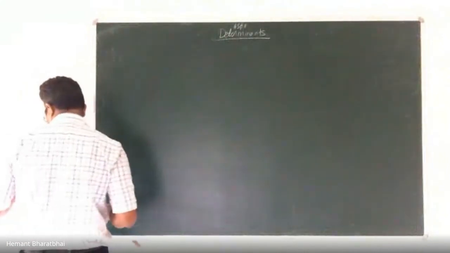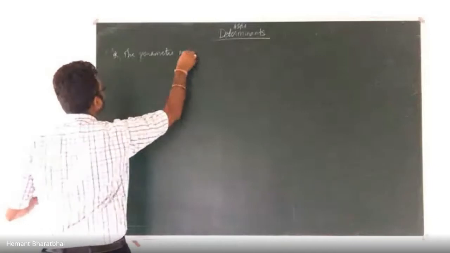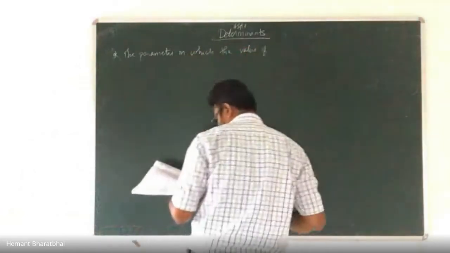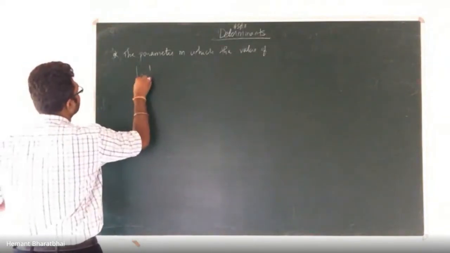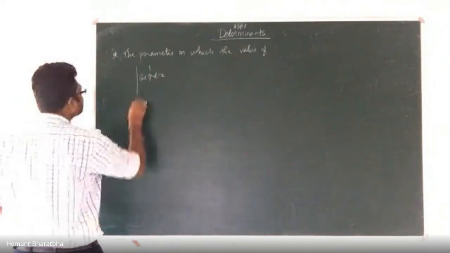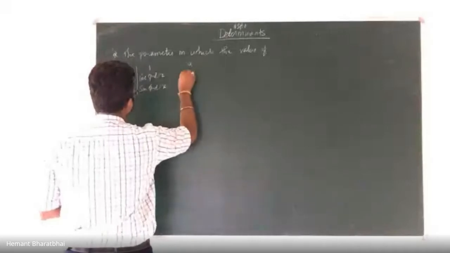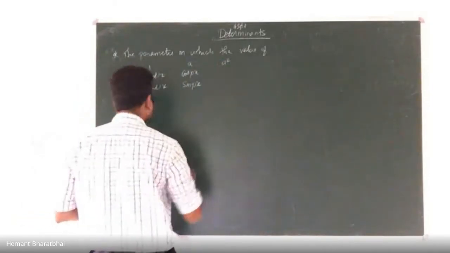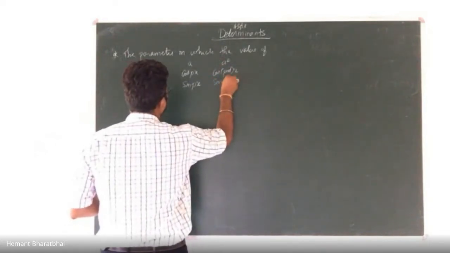Let's try the next numerical. The parameter on which the value of the determinant does not depend. The given determinant is: first row 1, cos(p minus dx), sin(p minus dx); second row a, cos(px), sin(px); third row a square, cos(p plus dx), sin(p plus dx).